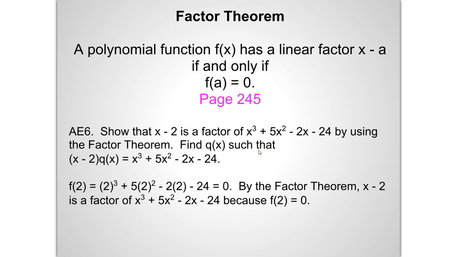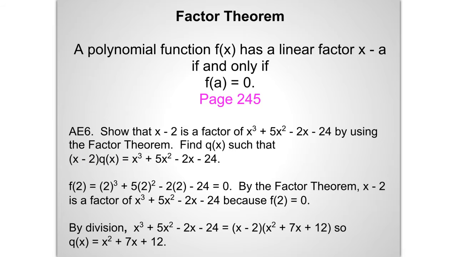It said another request, and that's to find q of x such that x minus 2 times it will be equal to the original polynomial. Well, what we're asked to find then is really the other factor besides x minus 2. Here's one factor, q of x would be the other factor. And that can be found with division.